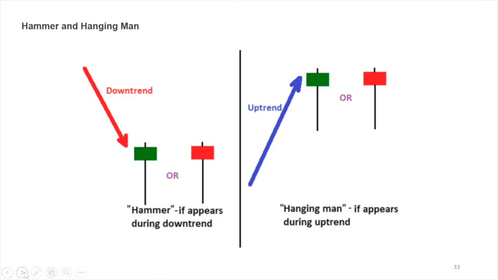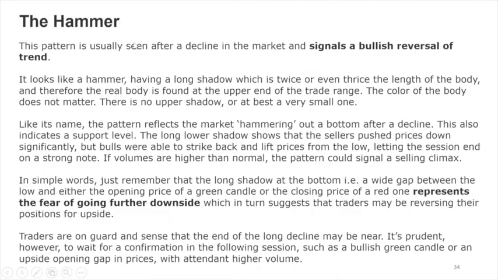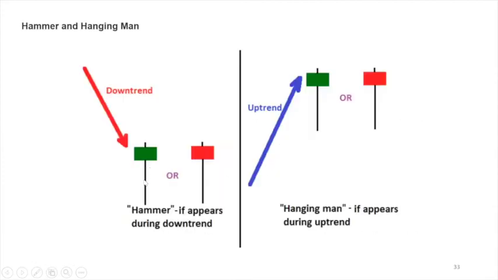So basically, the hammer. I just explained the hammer candle pattern. The pattern is usually seen after a decline in the market and is a signal of a bullish reversal. It looks like a hammer, having a long shadow which is twice or even thrice the length of the body. The tail must be twice or three times the length of the body, then only is it confirmed as a hammer.